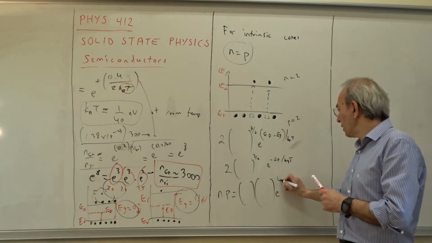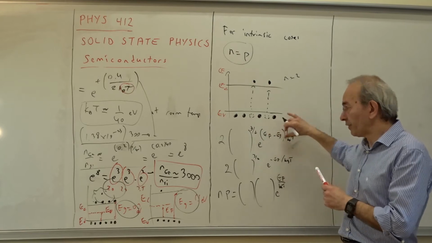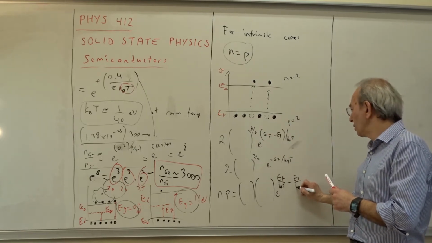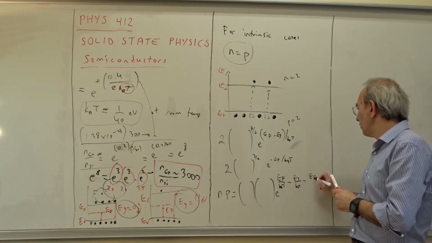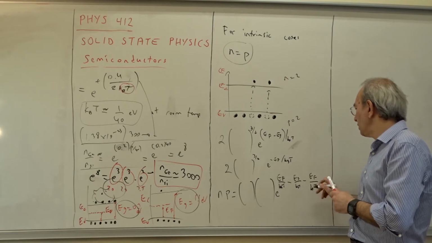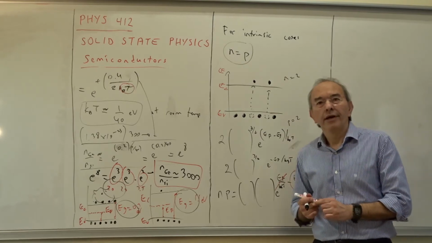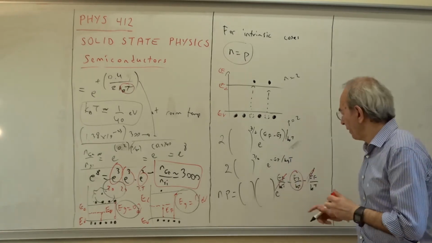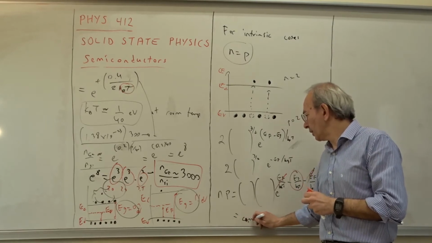Now e to the EF over kBT, if you write them separately, minus EG over kBT, and here we have another minus EF over kBT. If you add them up, these cancel, we only have the gap as the exponent. So that it's a constant. The product is constant.